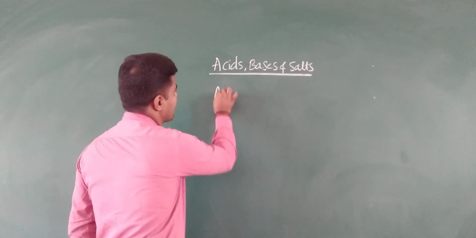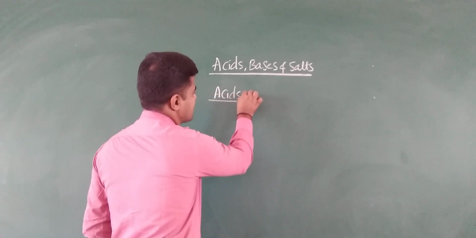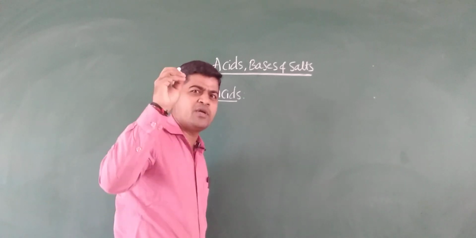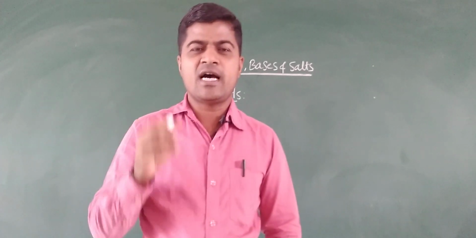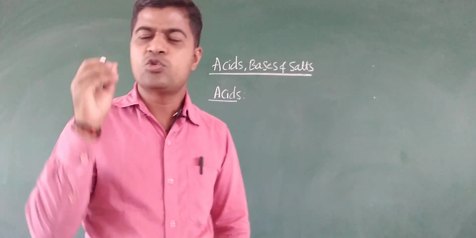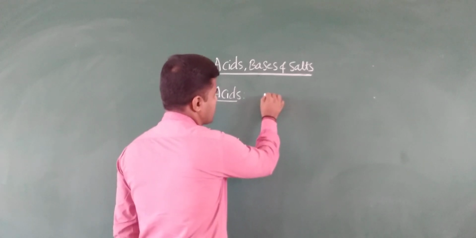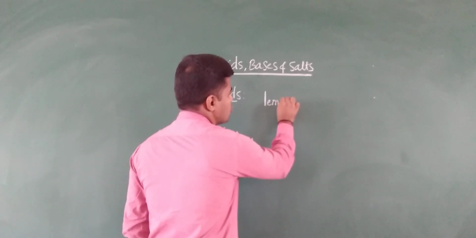First let me take the very important topic, that is acids. So children, you might be knowing about the acids. Acids are sour in taste. I think you might be knowing some of the acids, like lemon juice.